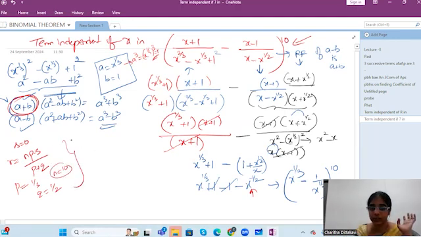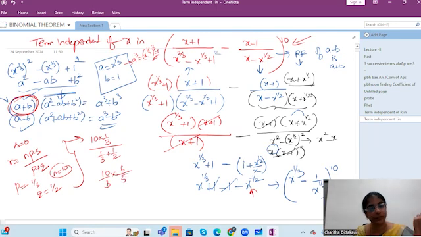Just apply all these in one formula. N 10 times P, that is 1 by 3, minus S, that is 0, upon P plus Q, 1 by 3 plus 1 by 2. So 10 by 3 times 6 by 5. All right, this will be 4. So my r is 4, right?